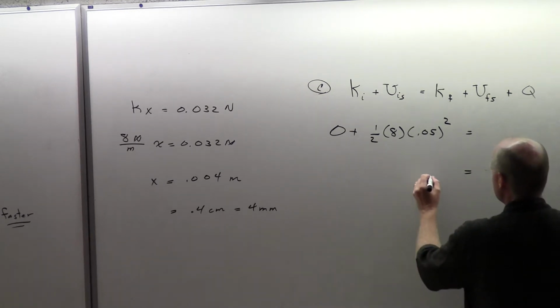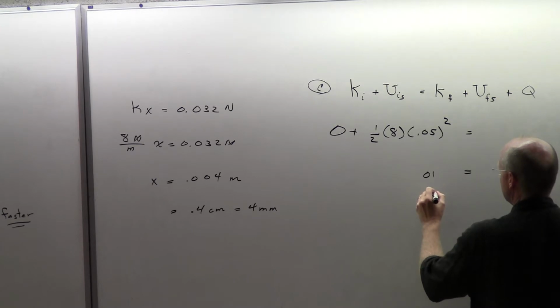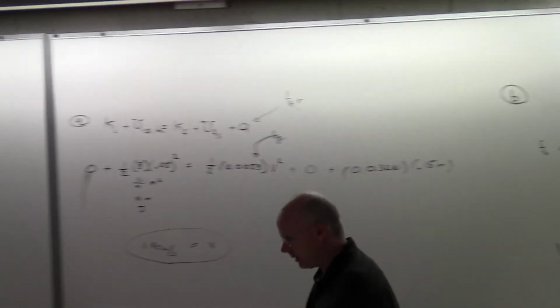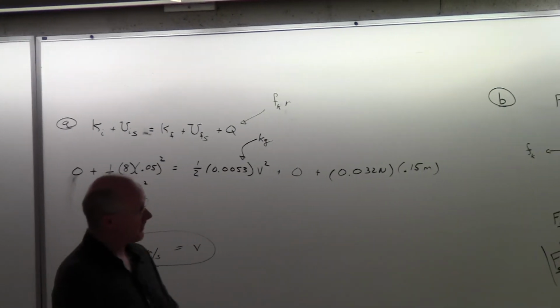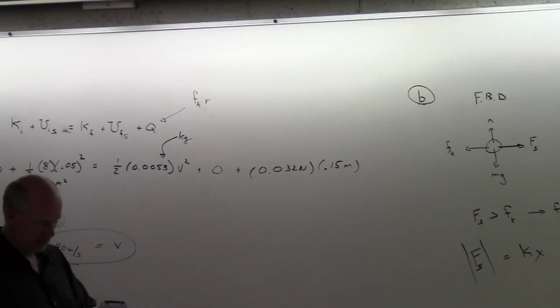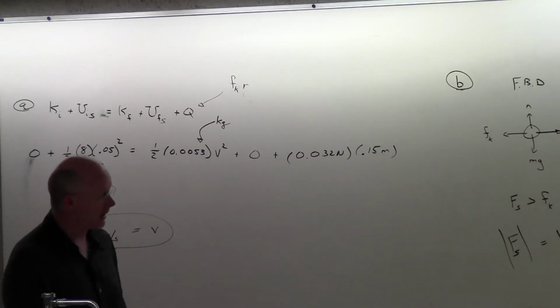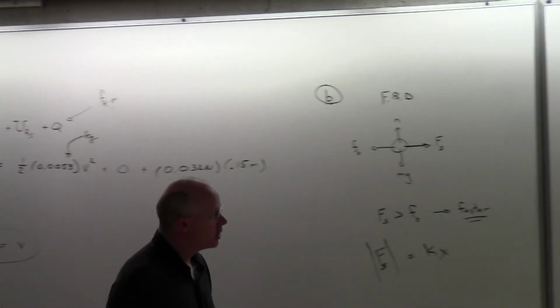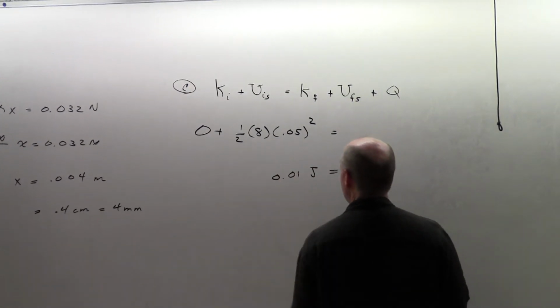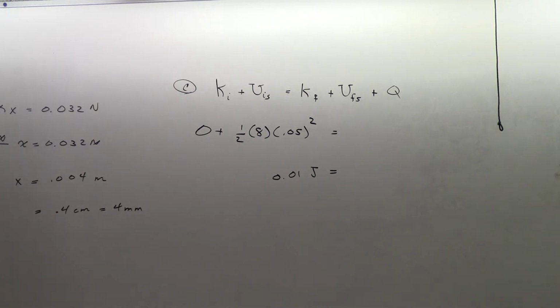That's 1/2 times 8 times 0.05 squared. Yeah, 0.01. All right. So there's how much energy is stored in the compressed spring, ready to shoot the rubber ball out.